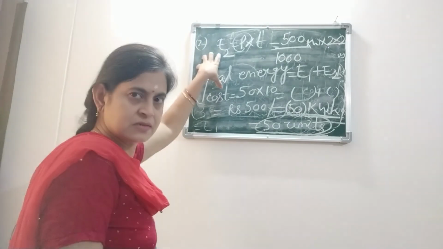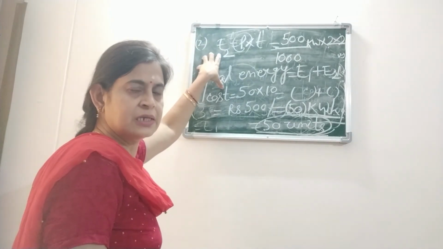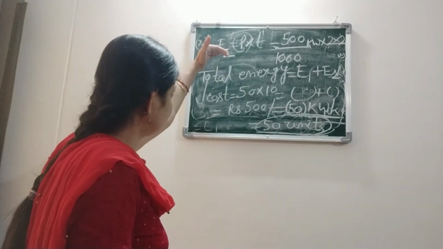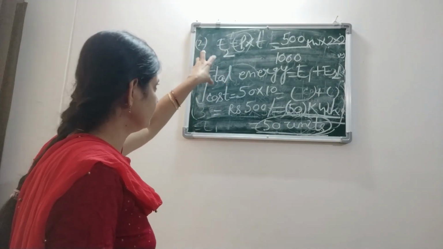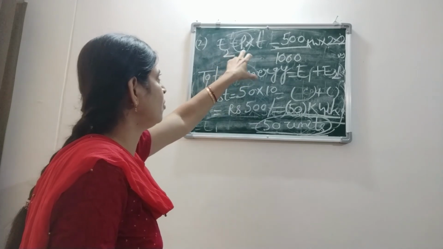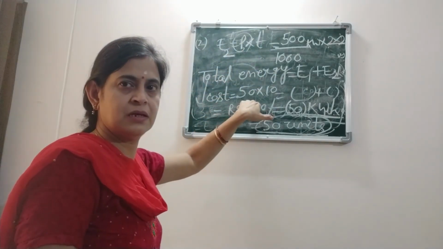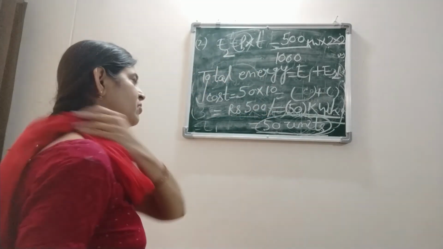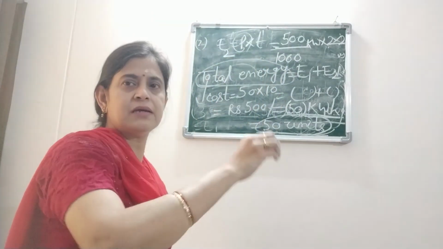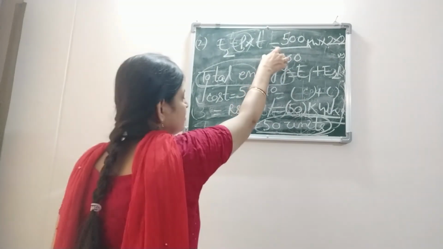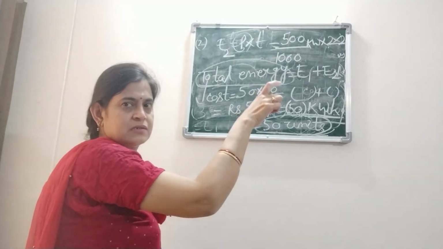If there are other appliances in your questions, then the same process will follow. Means you have to find out the individual energy of different appliances. And finally you have to find out your total energy. Total energy means the sum of the energy used for each appliance.